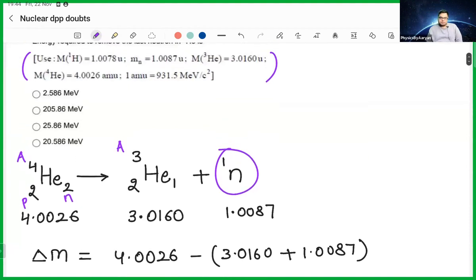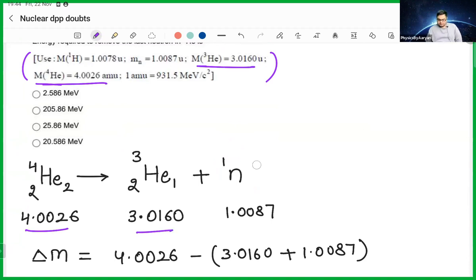The masses are given. The mass of 4 helium, which is this one, is 4.0026, clearly written here. The mass of 3 helium is 3.0160, and the mass of the neutron is 1.0087.